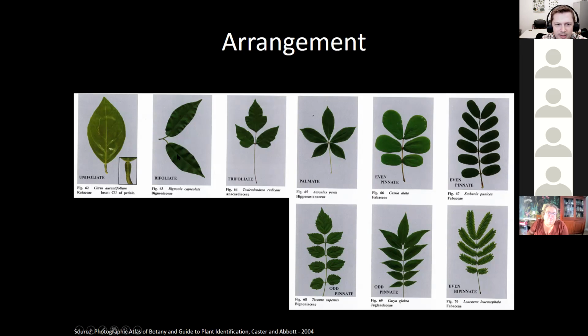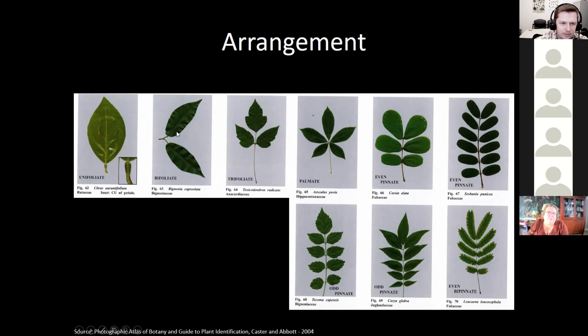So neither one of these is a leaf. This whole thing together is a leaf. And from there, it can get even more complex. Like you can have three of them, as we pointed out earlier, trifoliate, palmately compound. So these are all technically, besides this one right here, compound leaves.